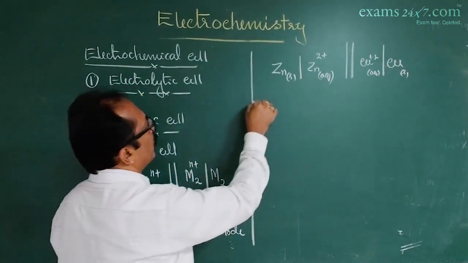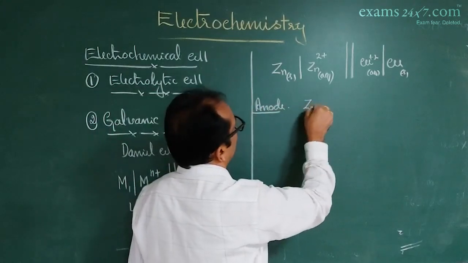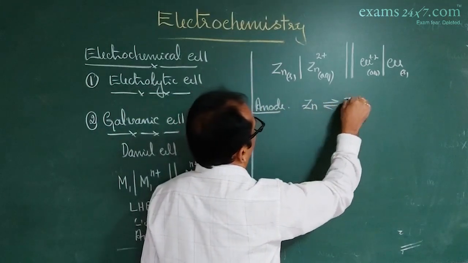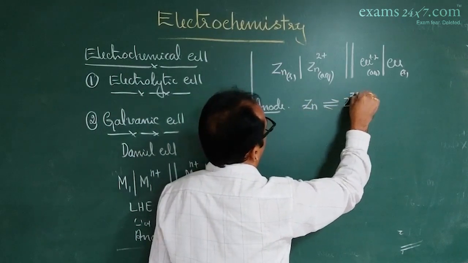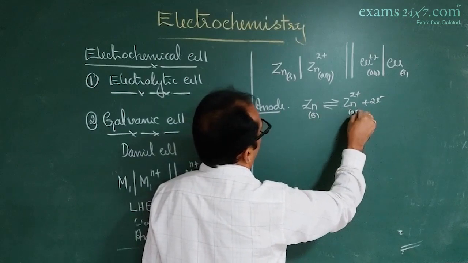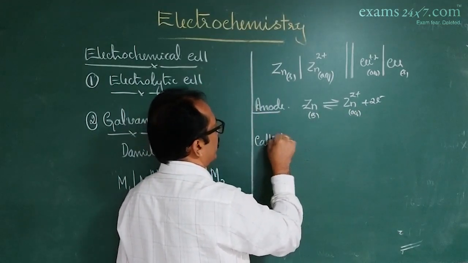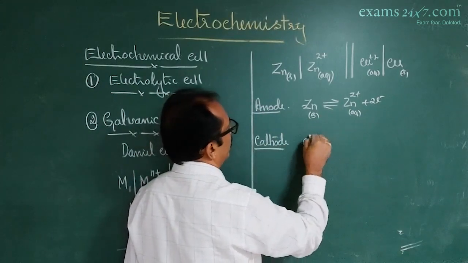Anode is where oxidation takes place. Zinc undergoes oxidation and becomes Zn2+ ion. This is solid, this is aqueous. About the cathode, the cathodic reaction: cathode is where reduction takes place.